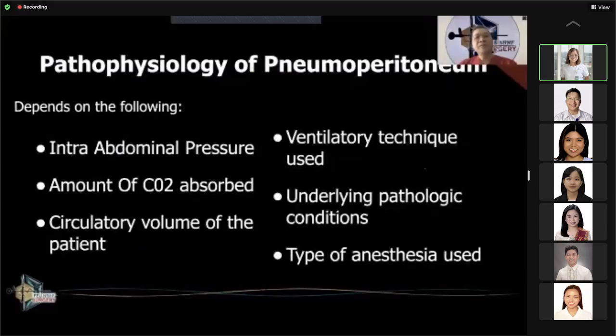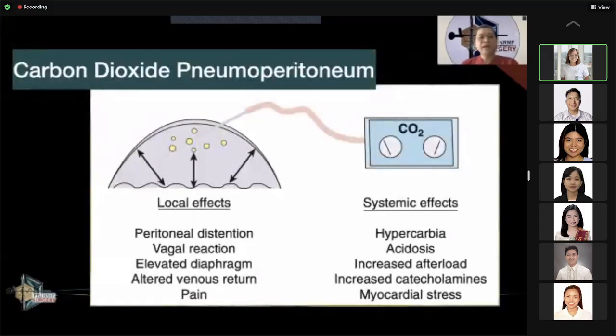The problem with pneumoperitoneum is you create a certain pressure in the peritoneal cavity, and there is gas that is absorbed through your peritoneum and goes into the blood circulation, causing physiologic changes. One is local effect and the other is systemic effects.